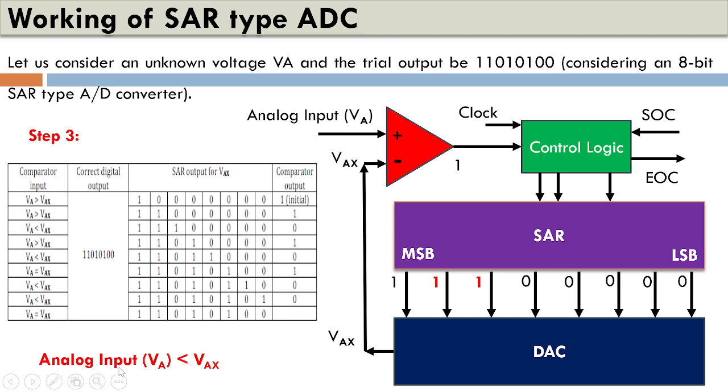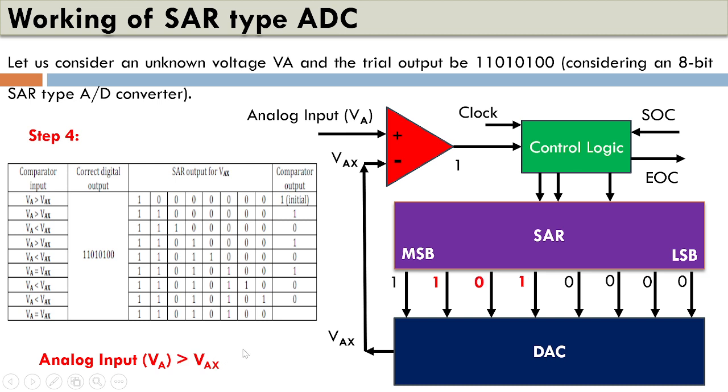This is the situation where we now have to reset this back to 0 and go to the next bit and set it to 1. On the third step, you can see the comparator output has gone to the reverse, since Va is less than Vax.